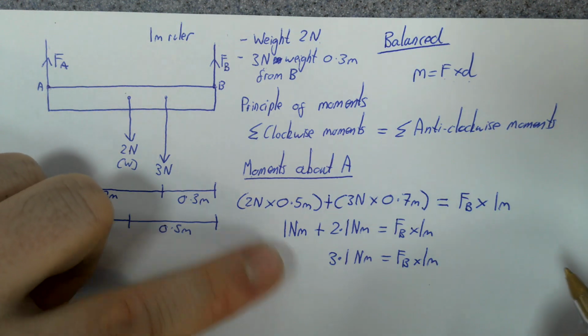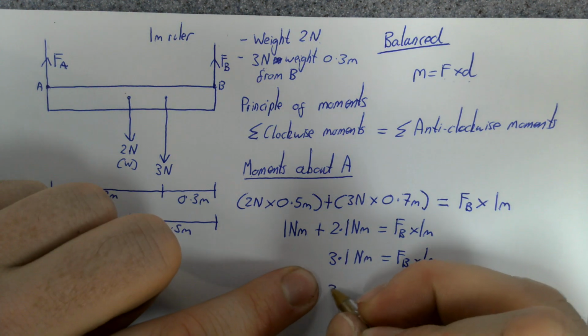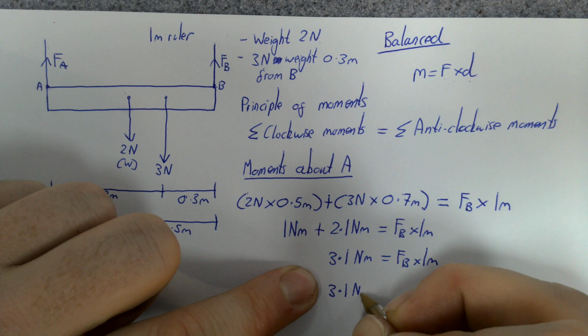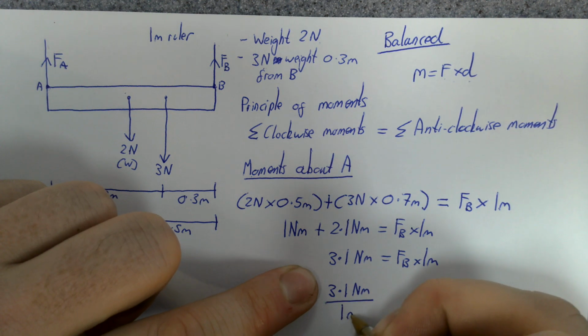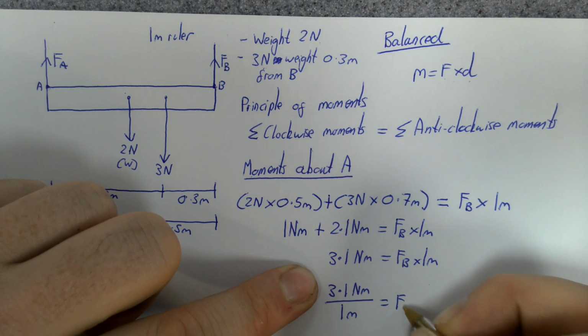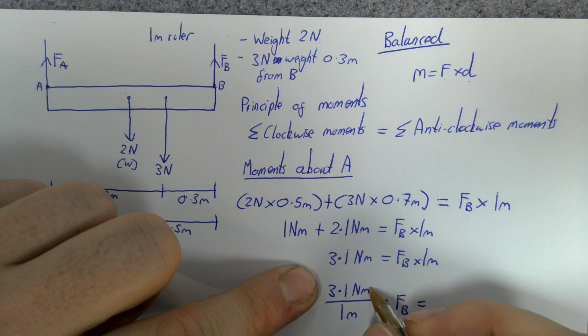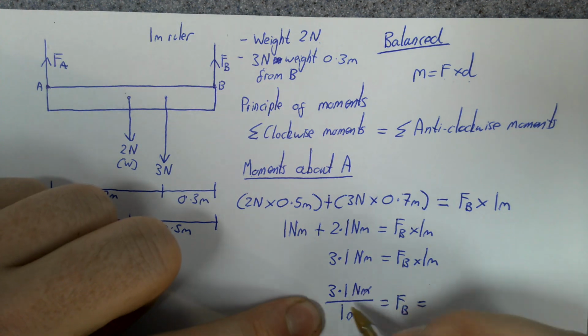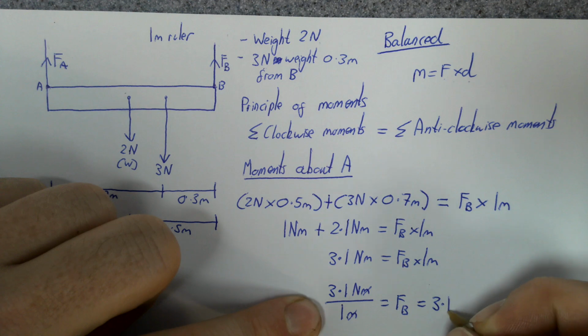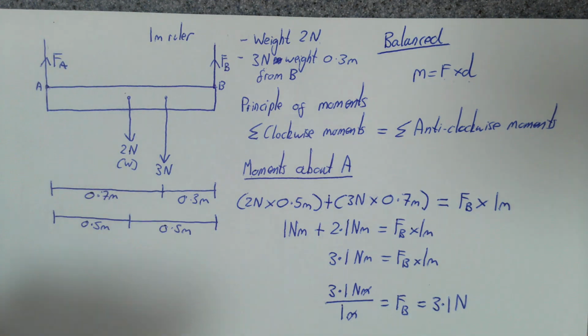I've deliberately left the 1 meter in there because if I then do 3.1 Newton meters divided by 1 meter equals force B, you can see the meters cancel and you get 3.1 newtons. Okay, so that's our moments about A.